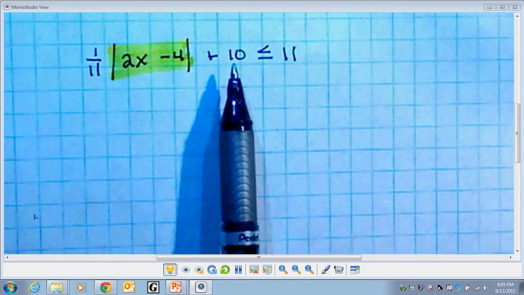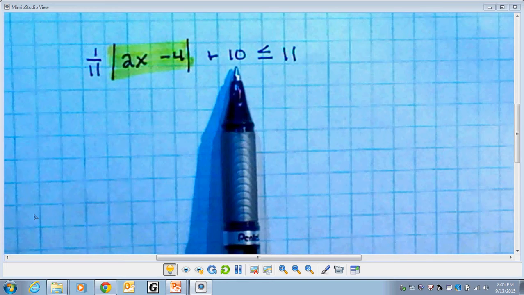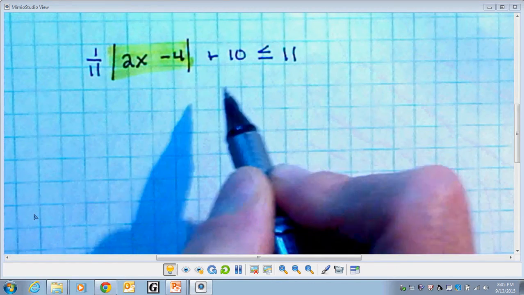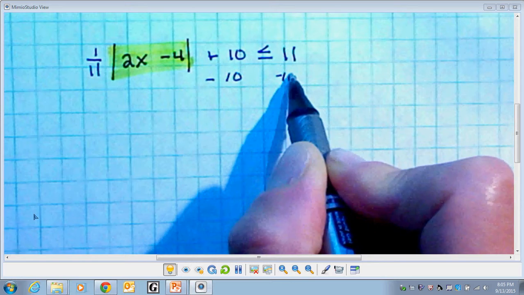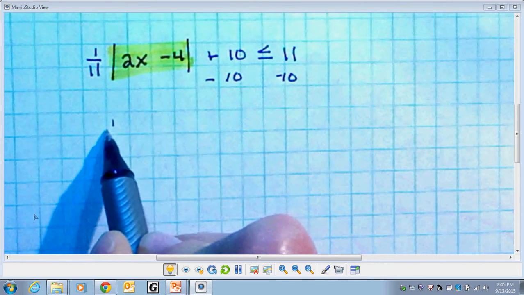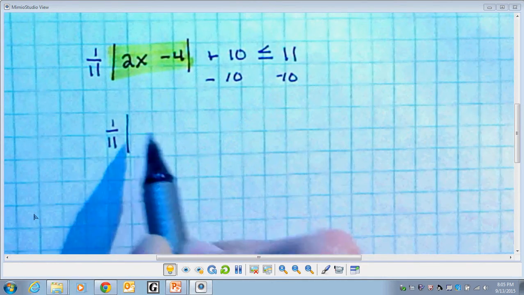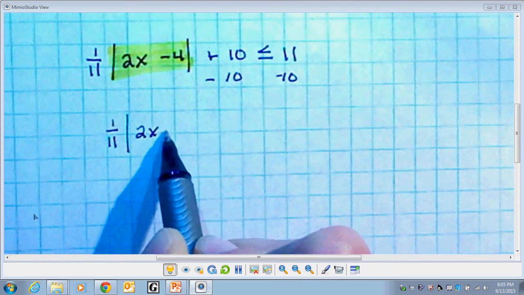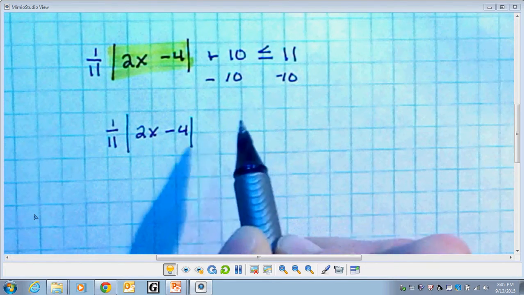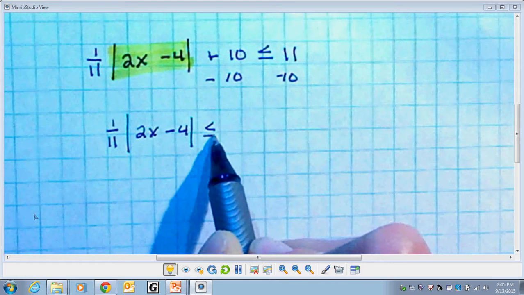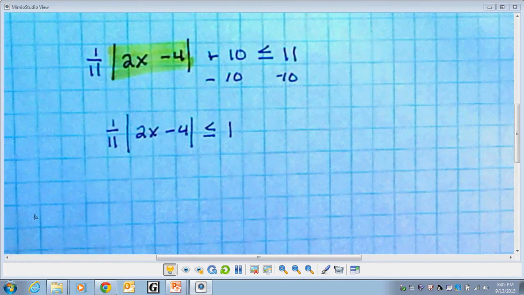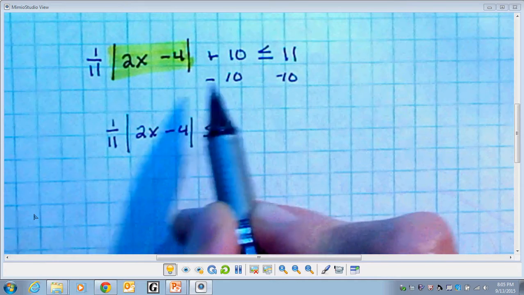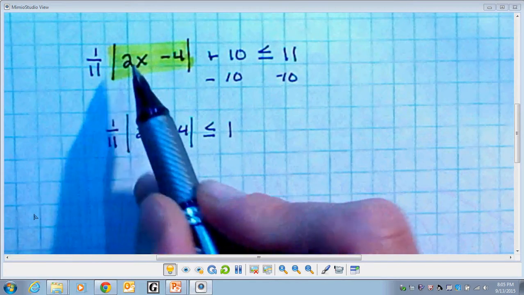So the first thing I want to do is get rid of this 10. I'm going to subtract 10 from both sides, because then I will have 1/11 times the absolute value of 2x minus 4, which is less than or equal to, well, 11 minus 10 is 1. So how did I know to subtract 10 and not to multiply?